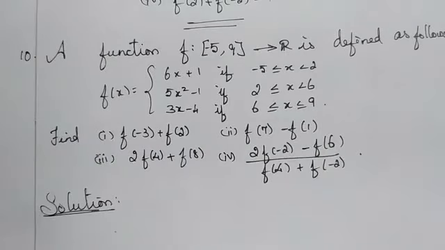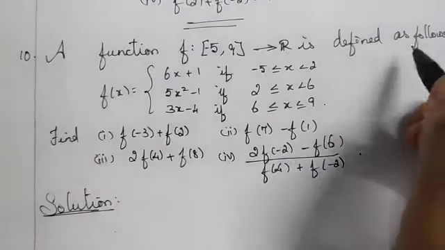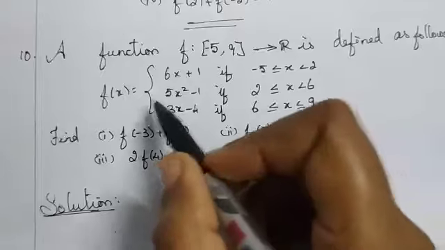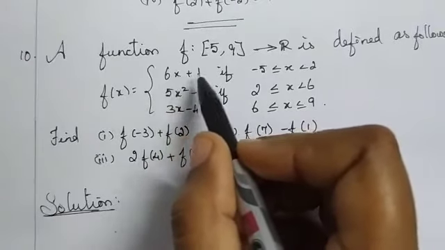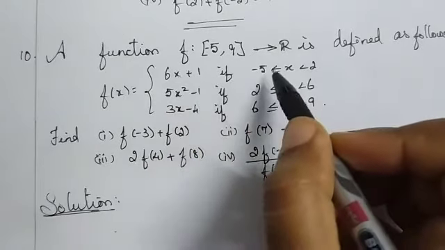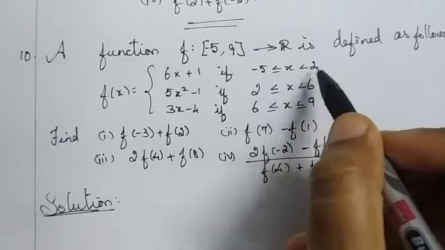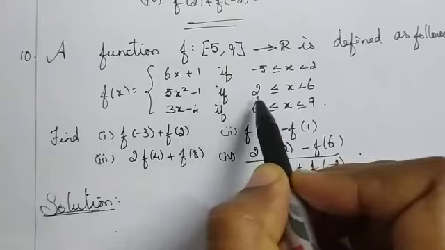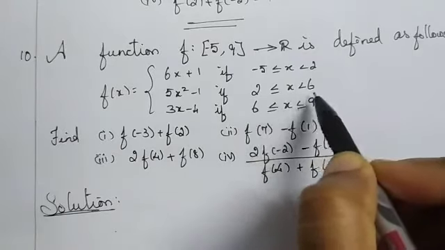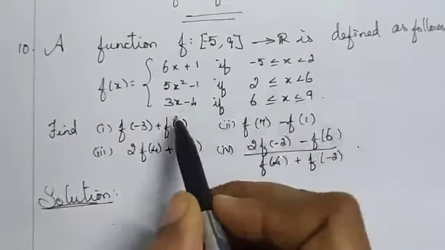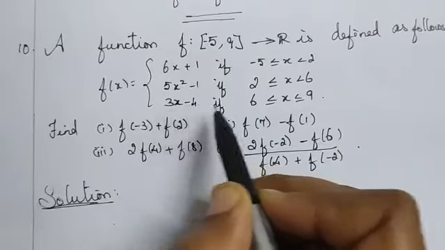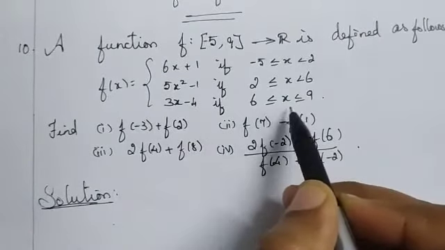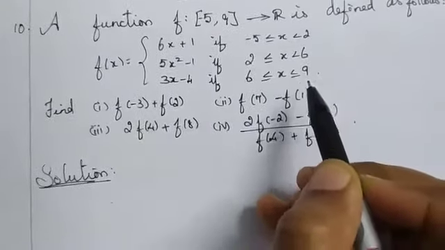See the 10th question. A function f from minus 5 to 9 to R is defined as follows. f of x is equal to 6x plus 1 if minus 5 less than or equal to x less than 2, 5x square minus 1 if 2 less than or equal to x less than 6, 3x minus 4 if 6 less than or equal to x less than or equal to 9.